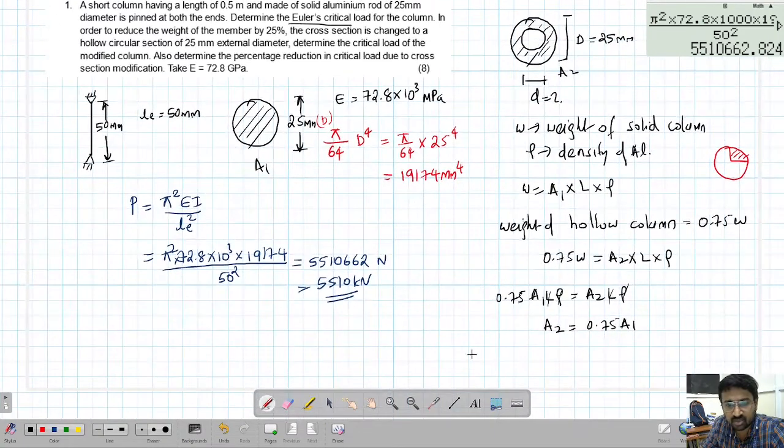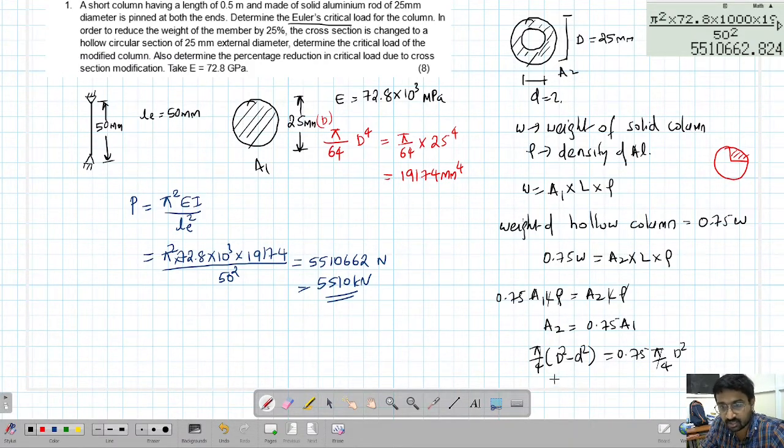So the hollow section cross-section area is nothing but pi by 4 into capital D, the outer diameter, squared minus the inner diameter squared. This will be 0.75 times pi by 4 into D squared. Capital D is the same, so I will use the same diameter D squared, because capital D is the outer diameter of the hollow section. That is why I am using the same D here. So pi by 4 I can cancel out.